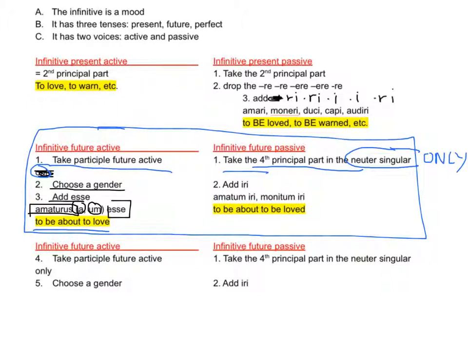And then you add a space and the word iri, which means to be going, and you're done. So it would look like this: amatum, only the neuter, iri. And that means to be about to be loved, to be about to receive love, because in the passive voice, the subject receives the action.